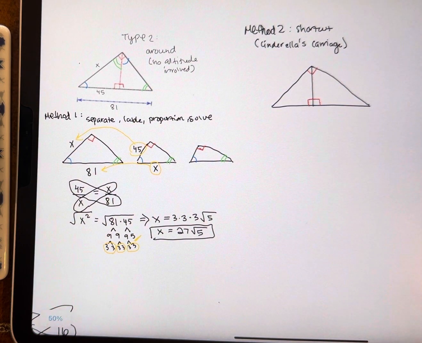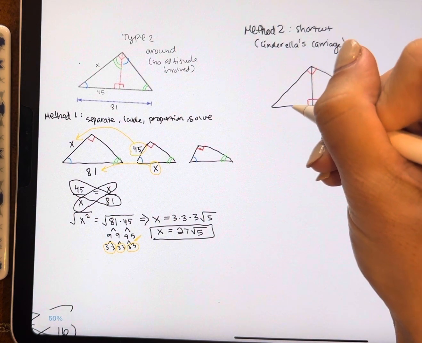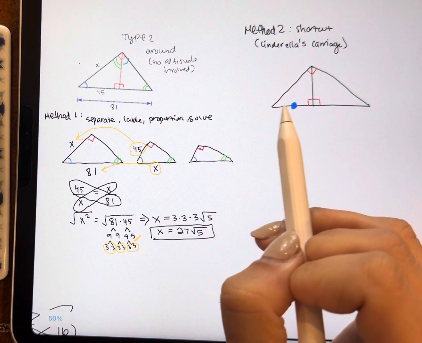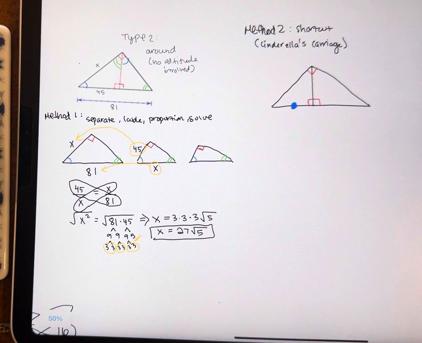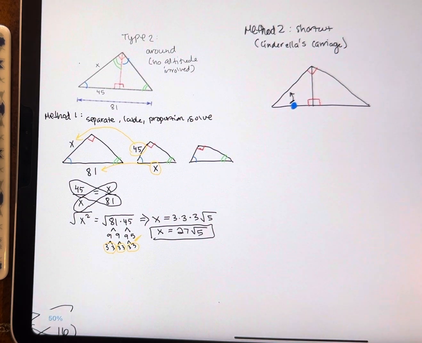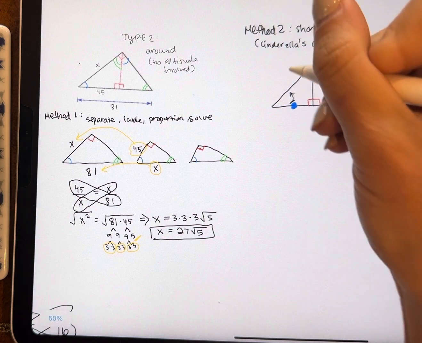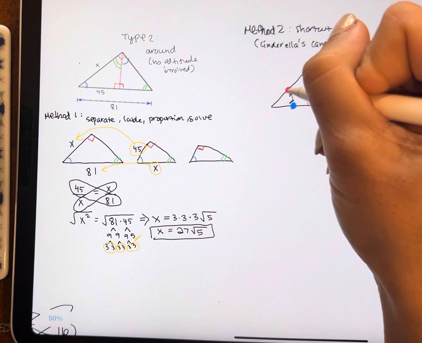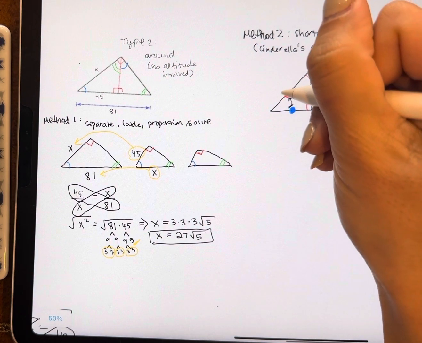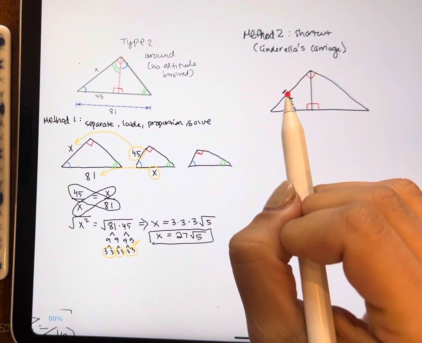Here's how it works, all right? Here's the relationship. The relationship is this side, okay? So this guy right here over that side will equal, again, this side.